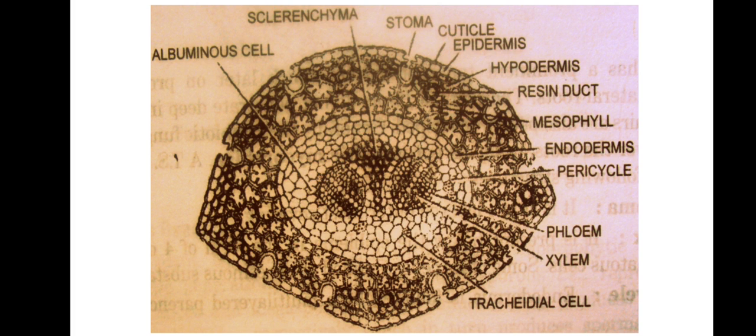Next is the sunken type of stomata in the epidermis, and next the sclerenchymatous hypodermis below the epidermis. And next, the presence of transfusion tissue in the leaf.